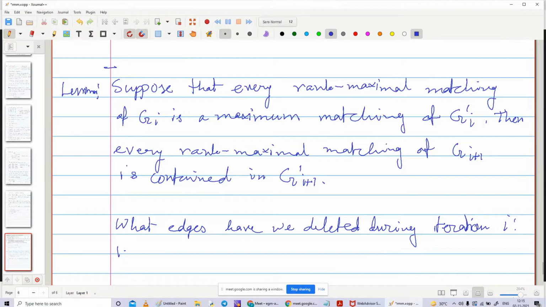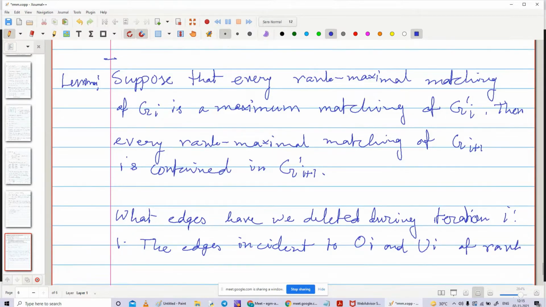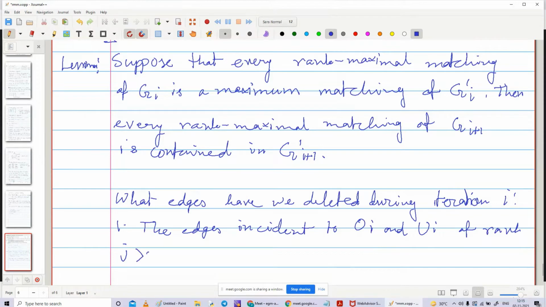So what are the edges that we delete during iteration i? One is the edges incident to Oi and Ei of rank j strictly greater than i.